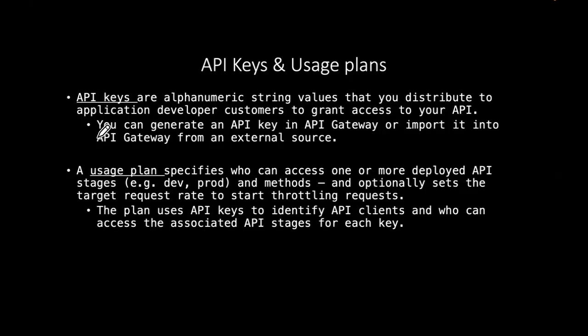They go hand in hand. You have to have a usage plan for an API key. The API key on its own isn't sufficient. But again, a usage plan is something that you can also get the CDK stack to create for you. So there's another L2 construct to facilitate the creation of that.